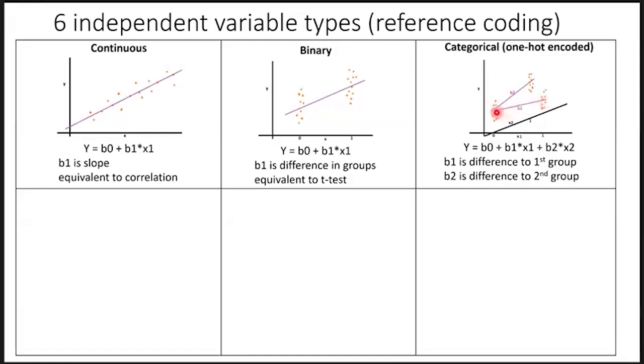And the second coefficient that we'll get will be the difference from the reference group to the third group. And if we want to see the difference between the third group and the second group, the model doesn't give us that. We have to do subsequent post hoc testing for it, okay? So this is the first problem that you run into. Categorical variables become one-hot encoded into k-1 groups when you have k groups, okay? Because you have one reference group, which doesn't get an encoding, gets 0, and then the rest are encoded.